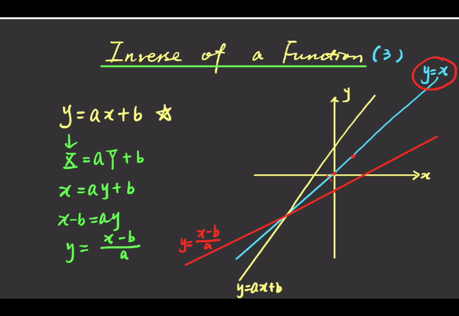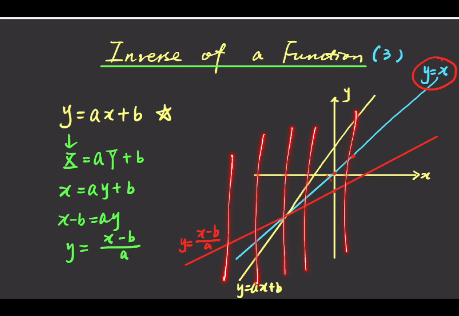Now you will find out for this red line, in algebra, you can easily judge for every x, we just have only one value to correspond to this x. In geometry, this red line can pass vertical line test.